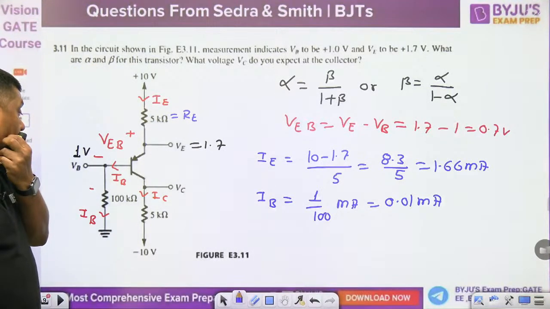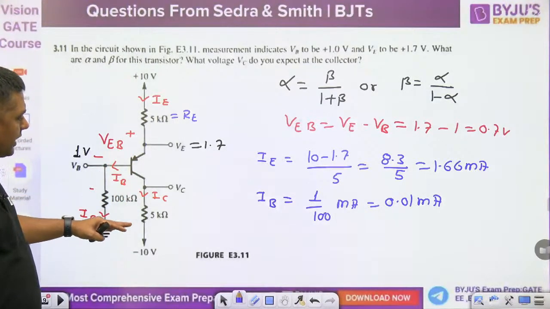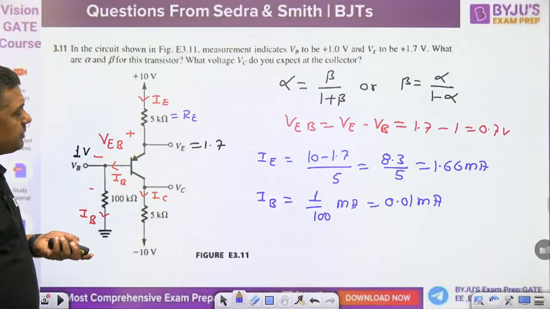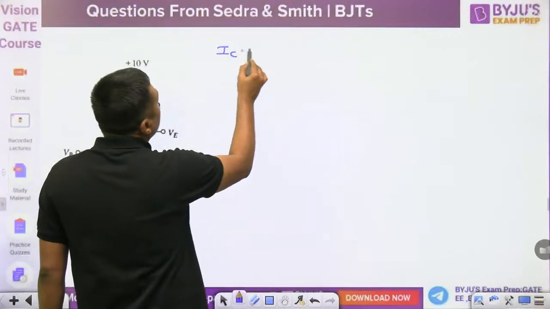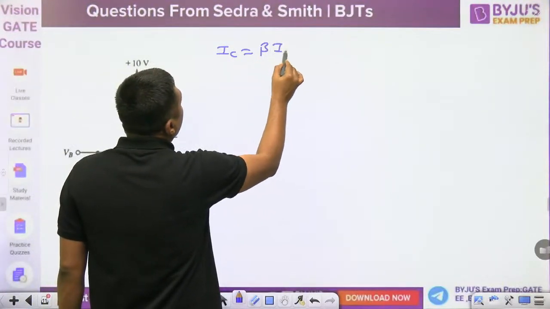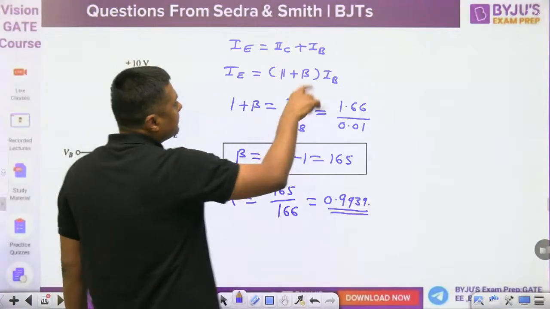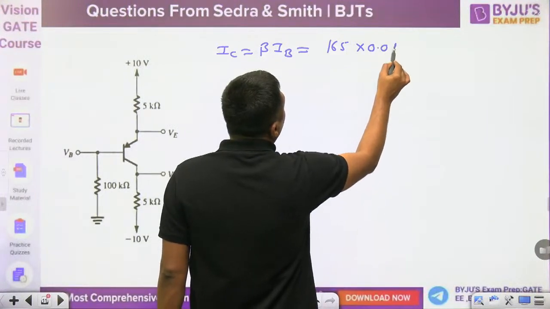That is okay. Now, what is the value of IC here? If you have the value of IC, then you can find the VC. So IC is nothing but beta times IB. Now you have the value of beta, 165, into 0.01, that is the value of IB.